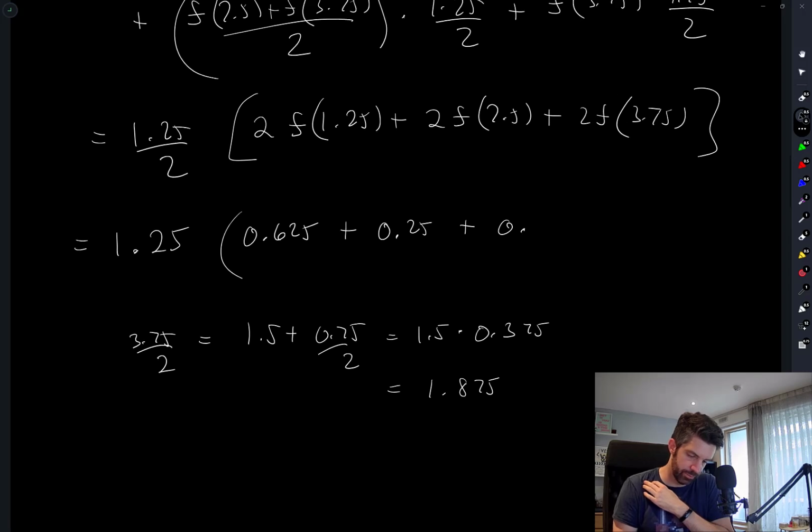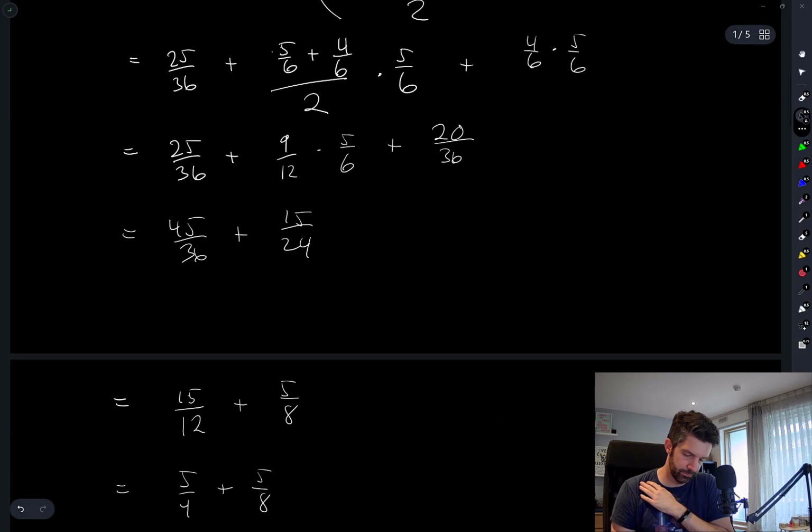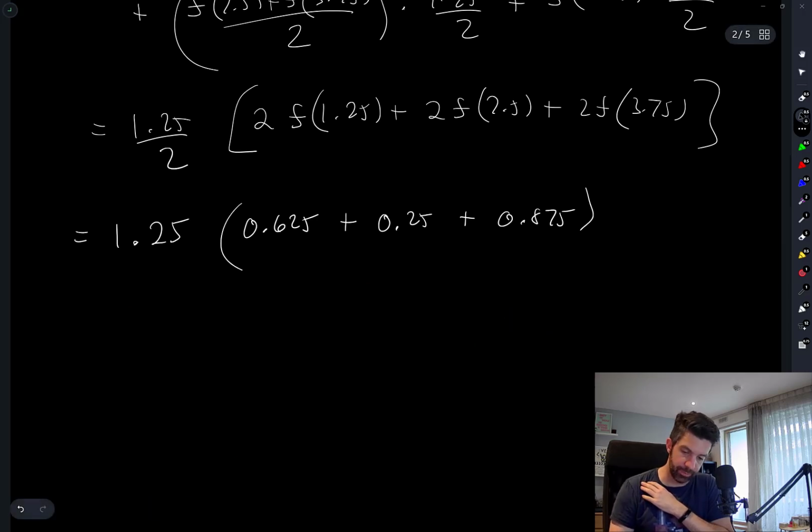So this will give us 0.875. Is that right? Yeah, okay, so this is 12.5 higher than a half. This is 12.5 lower than 1. Okay. And let's add these up and hopefully not make any mistakes.